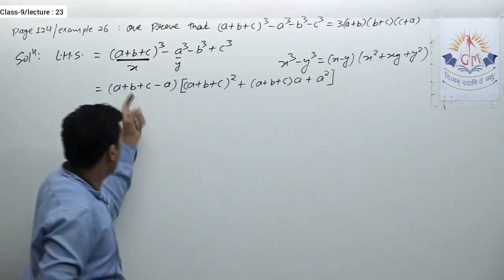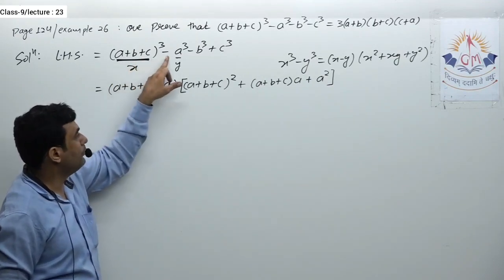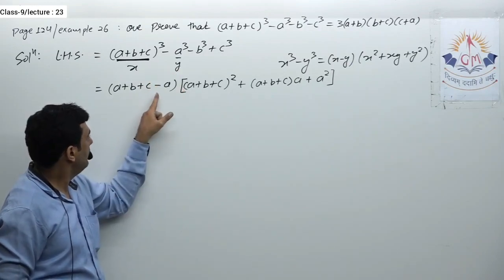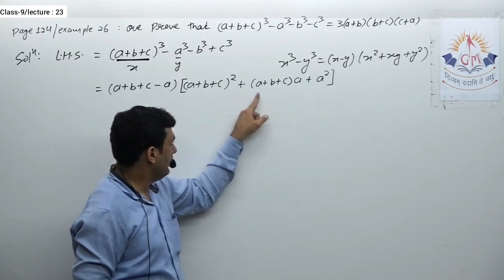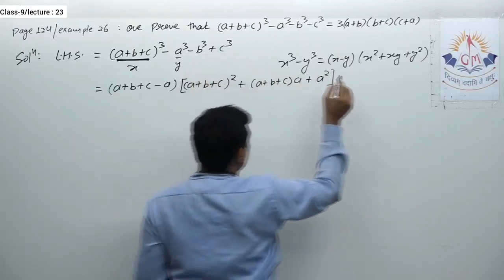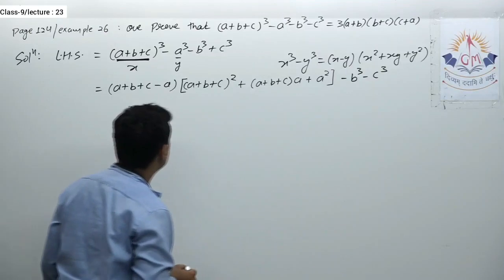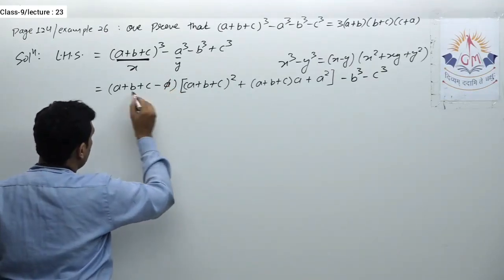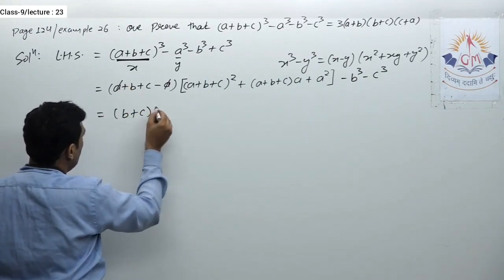I wrote this using these two terms, (a + b + c) whole cube minus a cube, that is x cube minus y cube. Now these two terms are as it is, that means minus b cube minus c cube. Here I can cancel this, so here I get b plus c.